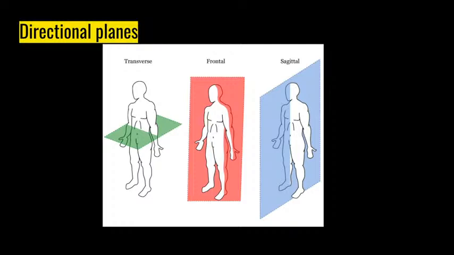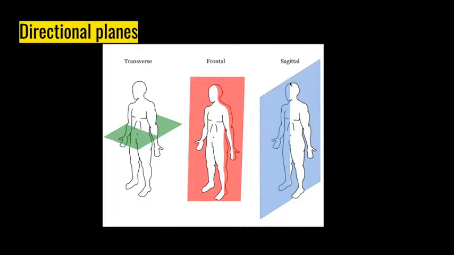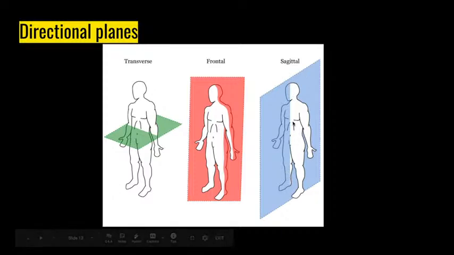Sagittal sections can be cut into any body part, but it's only the mid-sagittal plane that cuts the body into equal halves. In this figure, you can see that it is cut down straight in the middle, and that's called mid-sagittal.